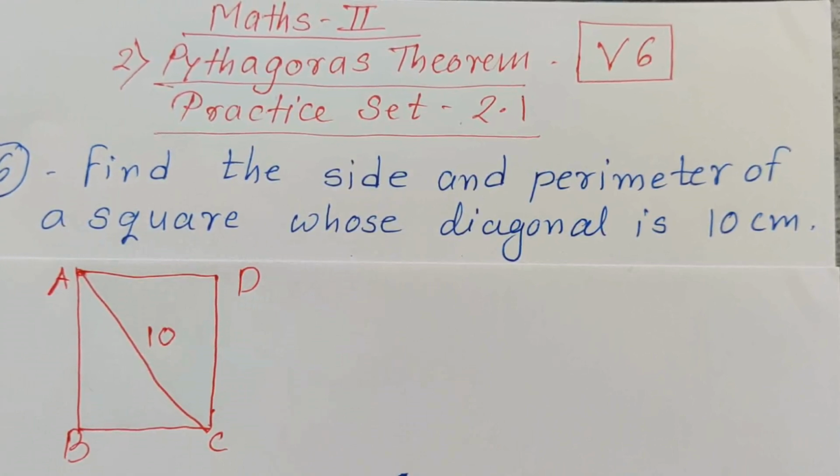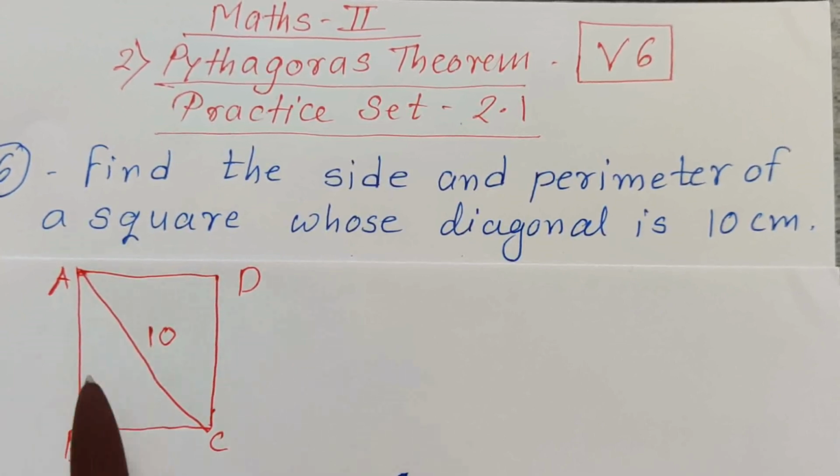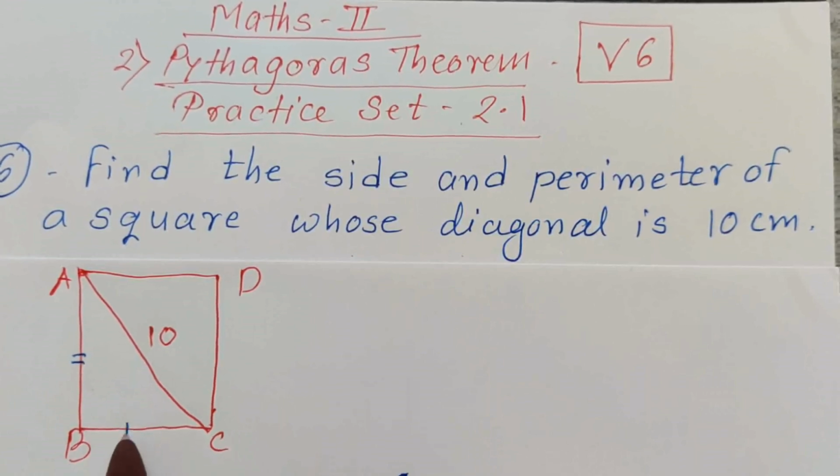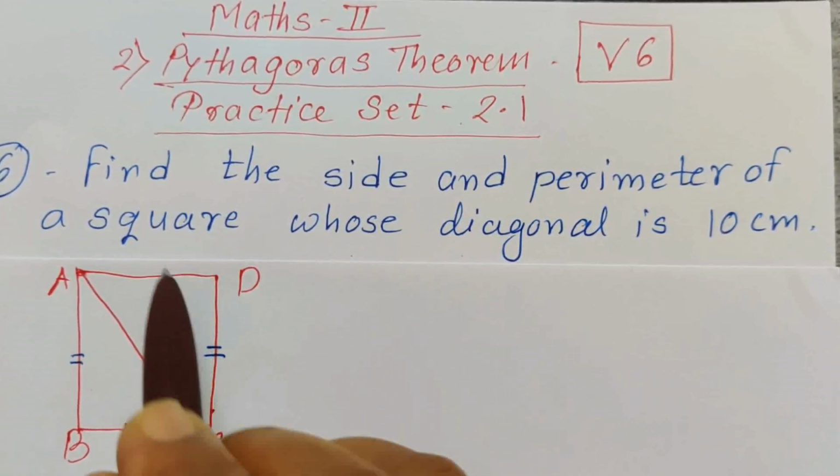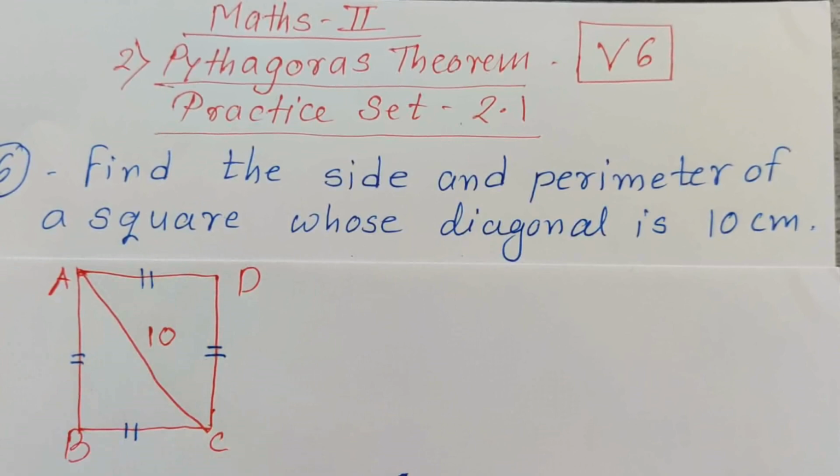You know the different properties of a square. The first property is that all four sides of the square are equal, so we show it with identical marks. All four sides are equal, so we will show them with the length x.